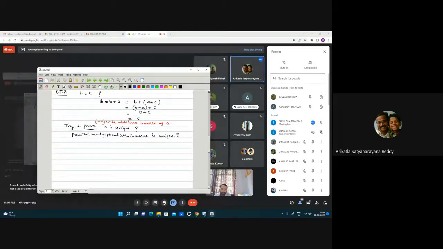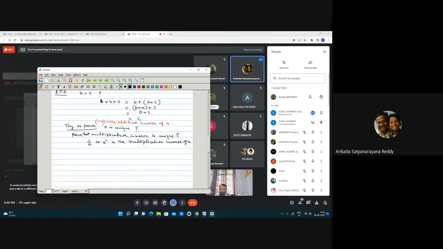Sorry, 1 by A. 1 by A, where A should be non-zero. Yeah. So we also denote it as A inverse, right? 1 by A we can also write in the real numbers, but usually we will write A inverse for the multiplicative inverse.